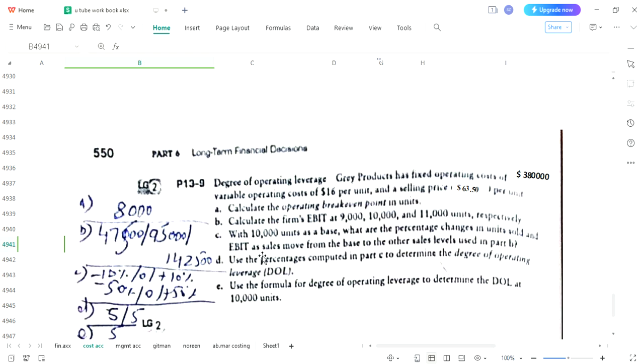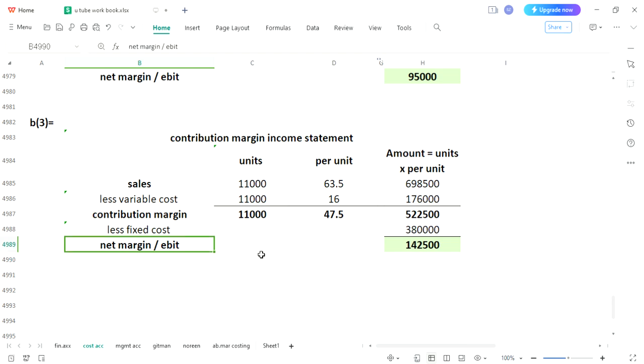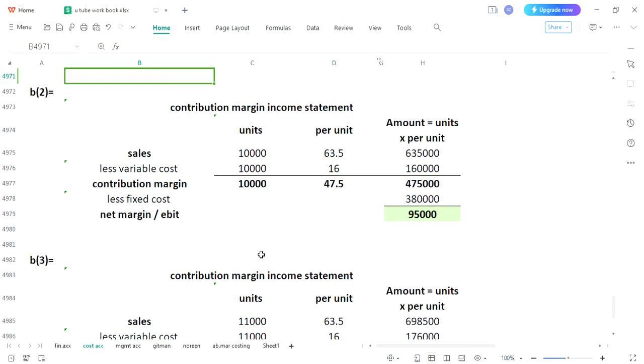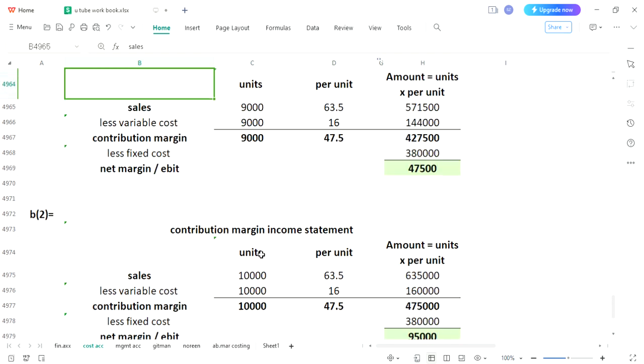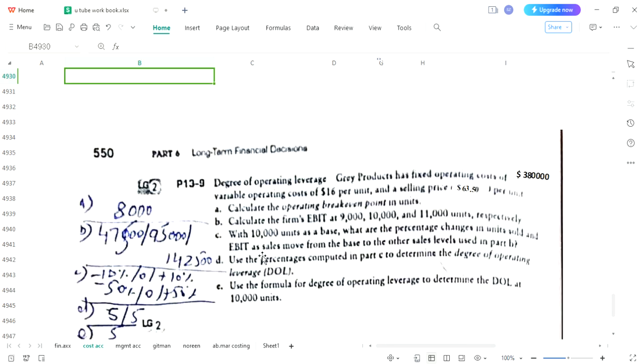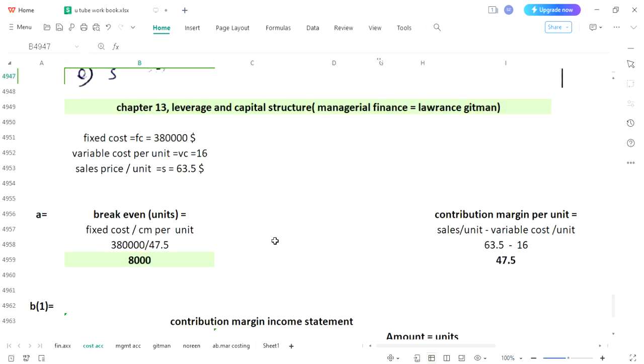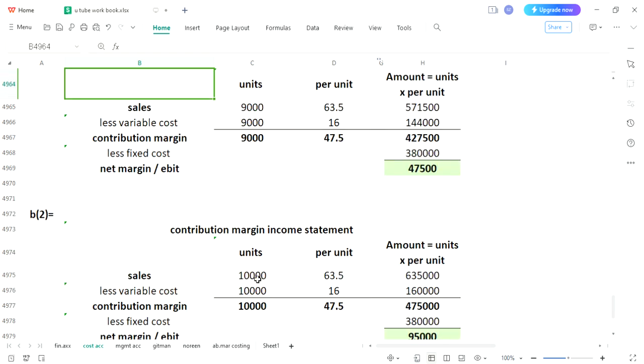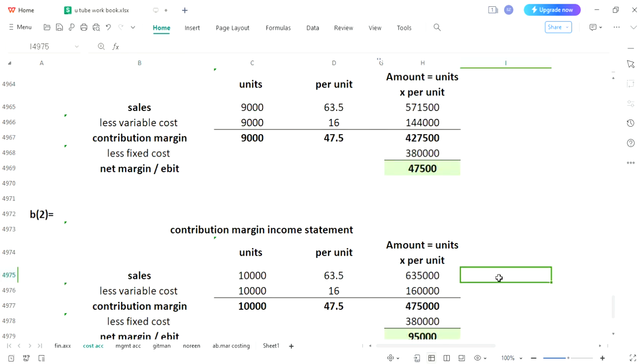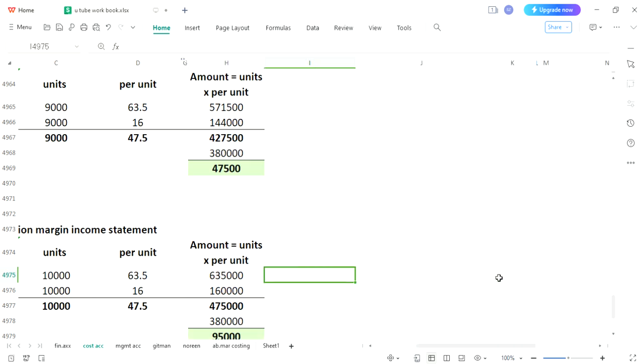So there are two percentages we need to calculate for all these B1, B2, B3. And since we are asked to make the base 10,000, and 10,000 units are over here, you will calculate first the change in sold units.